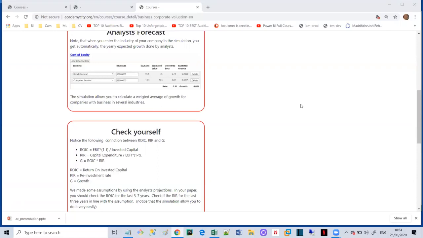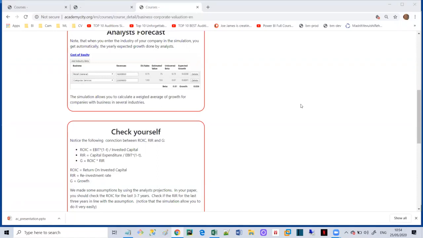Could a company up to infinity grow more than that? That doesn't make any sense. Why? Second is an exercise. If the whole economy grows by 2% and your company is growing by 3%, after 100 years, the whole economy will be only your company.